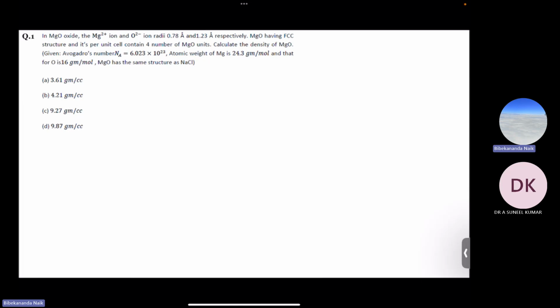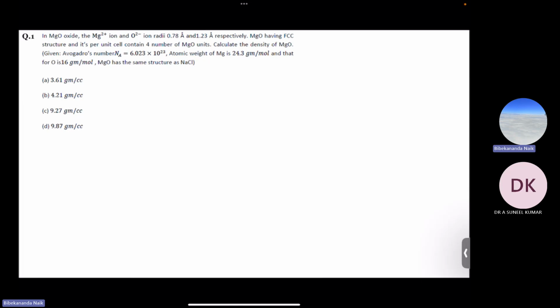Atomic weight of magnesium is 24.3 gram per mole and that of oxygen is 16 gram per mole. And magnesium oxide has the same structure as NaCl. The options are: option A 3.61 gram per cubic centimeter, option B 4.21 gram per cubic centimeter, option C 9.27 gram per cubic centimeter, and option D 9.87 gram per cubic centimeter.